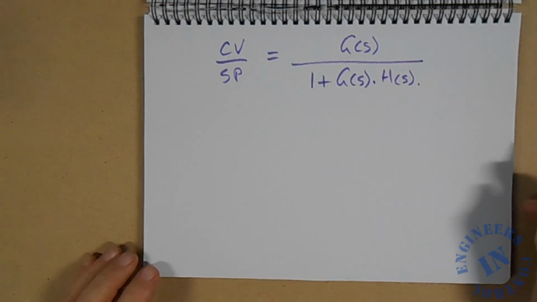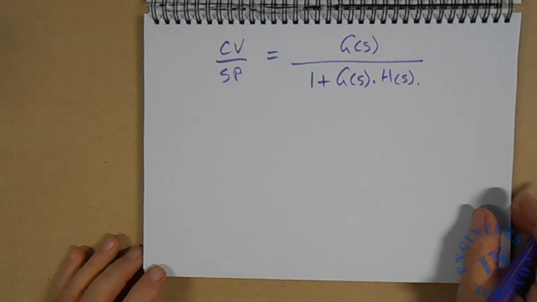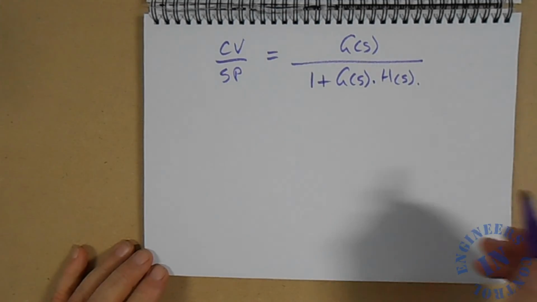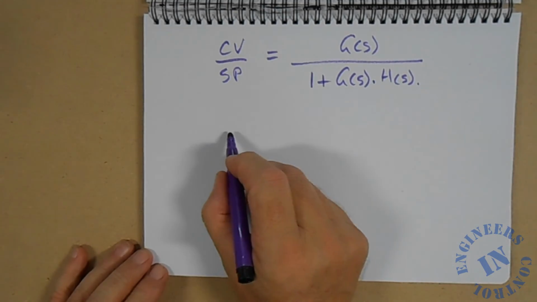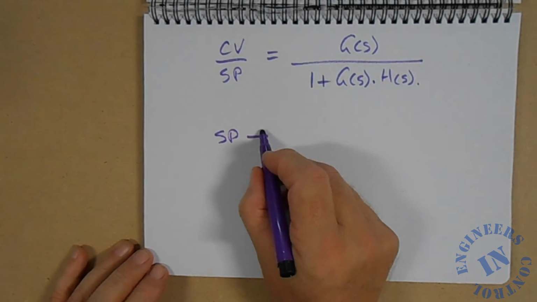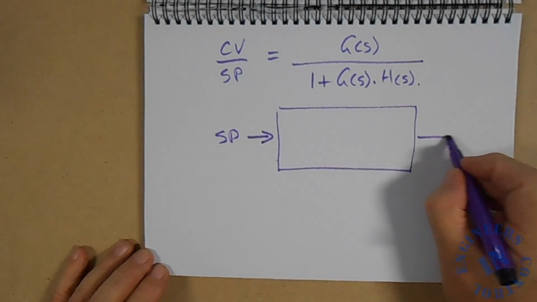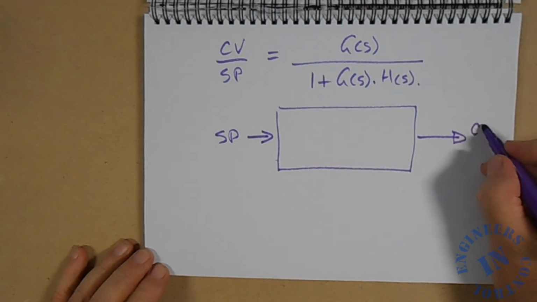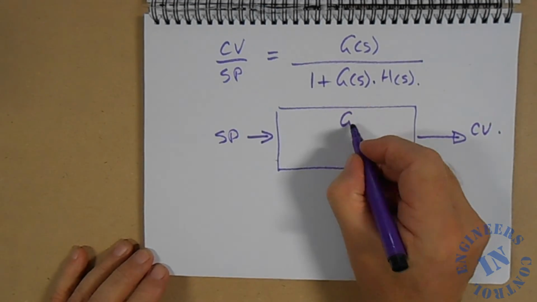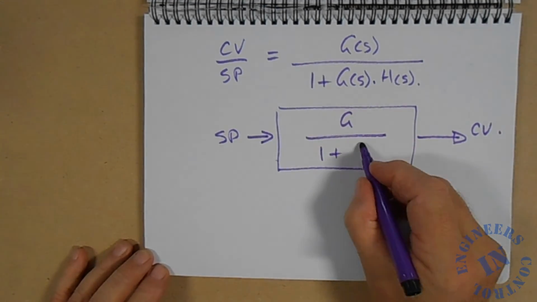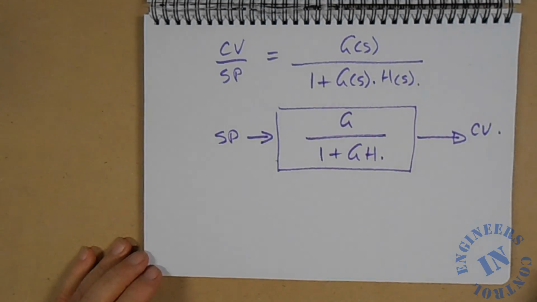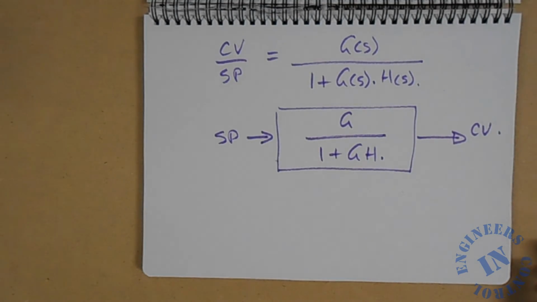And that gives us the closed loop transfer function, the system transfer function, which is CV over set point, G over 1 plus GH. And that's an equation that all control systems engineers understand, and you just memorize it, you just remember it. G over 1 plus GH.